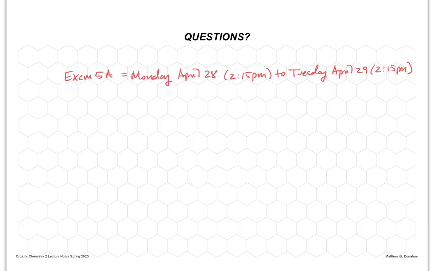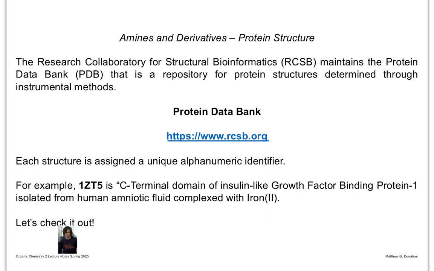So the first part of the lecture, what I want you to do is to navigate to the Protein Data Bank on the website that's shown there. The PDB is maintained by the Research Collaboratory for Structural Bioinformatics, and it's a repository for protein structures. Protein structure can be determined through a couple different instrumental ways.